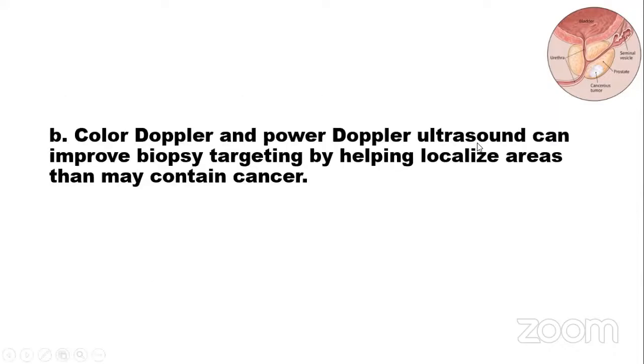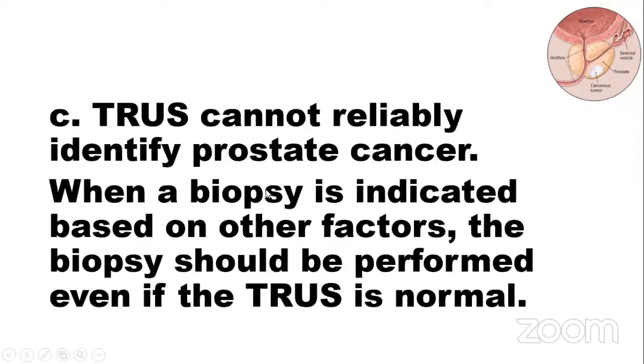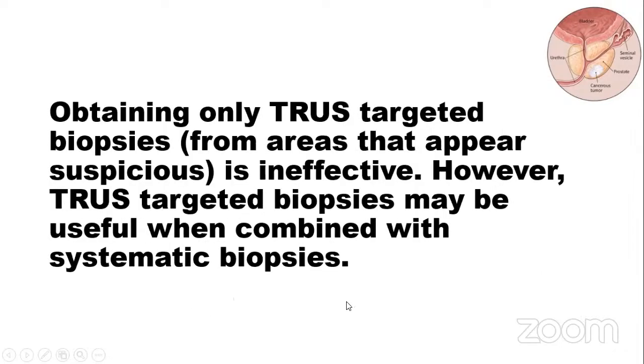Color Doppler and power Doppler ultrasound can improve biopsy targeting by helping localize areas that may contain cancer. TRUS cannot reliably identify prostate cancer, so when a biopsy is indicated based on other factors, it should be performed even if the TRUS is normal.